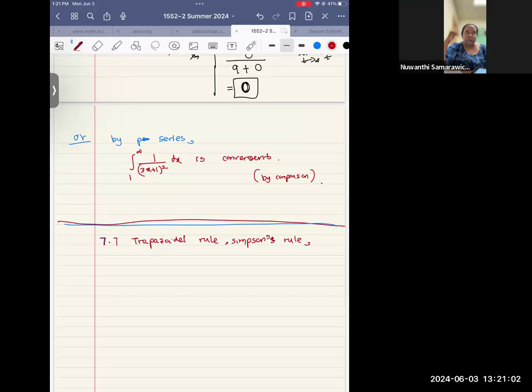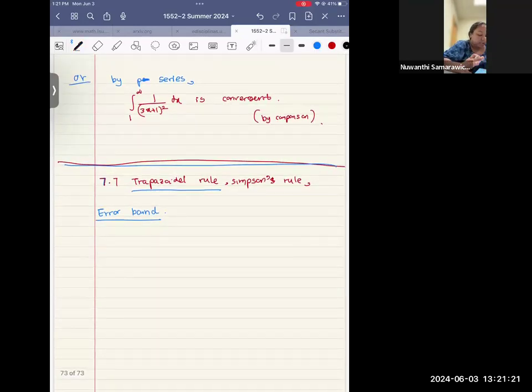To find that error bound, we have an equation. So I'm just doing the error bound for the trapezoidal rule today, in this class. So how do we find the error bound for the trapezoidal rule?